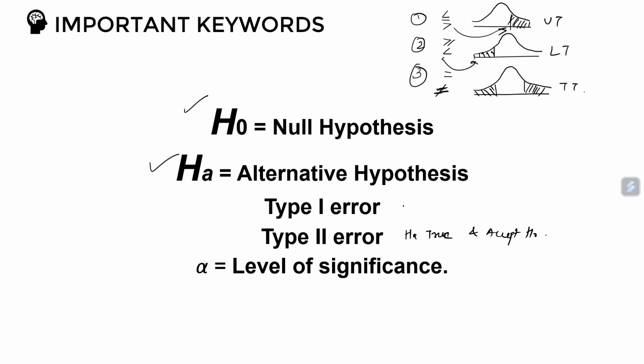And type 1 error was wherein our H naught is true, but we are concluding that we accept HA. We also talked about the level of significance alpha, wherein common values are 0.01 and 0.05, 1% and 5%, which we assume mostly for conducting our hypothesis test.